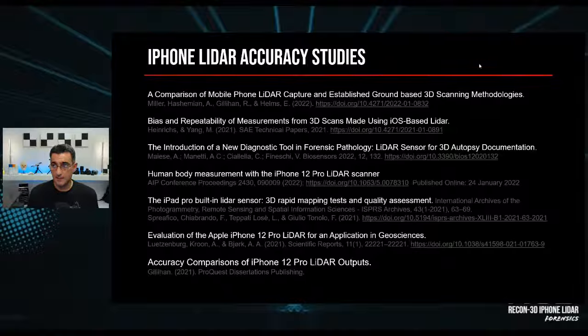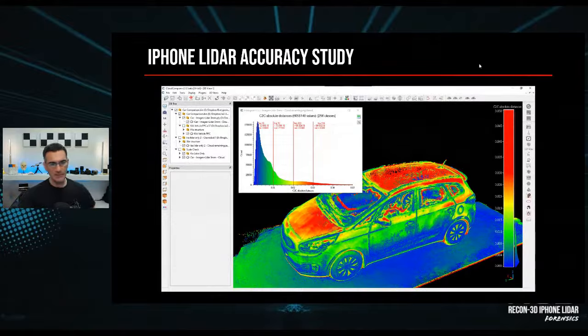And I don't want to get too deep into the woods here because there's a lot of caveats. But let me show you something that I did a while back, and I think it tells one side of the story, but maybe not all. So what I've got here is a terrestrial lidar scan, and then the iPhone scan.